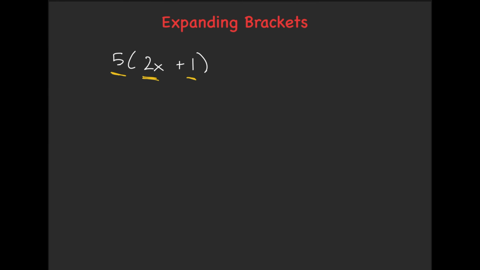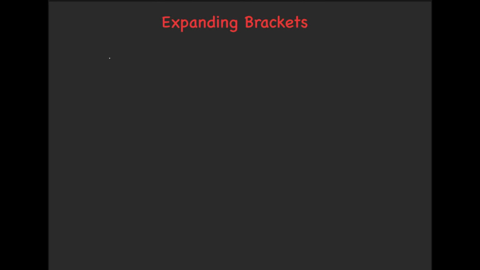And so expanding, we get 5 times 2x plus 5 times 1. And now, 5 times 2x is 10x, and 5 times 1 is just 5. So this is the answer to expanding those brackets.